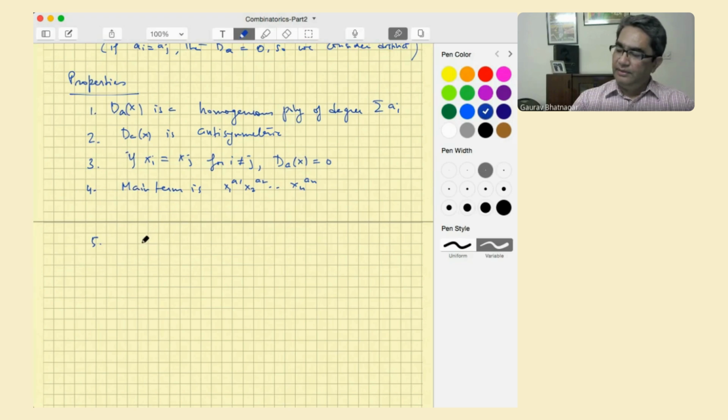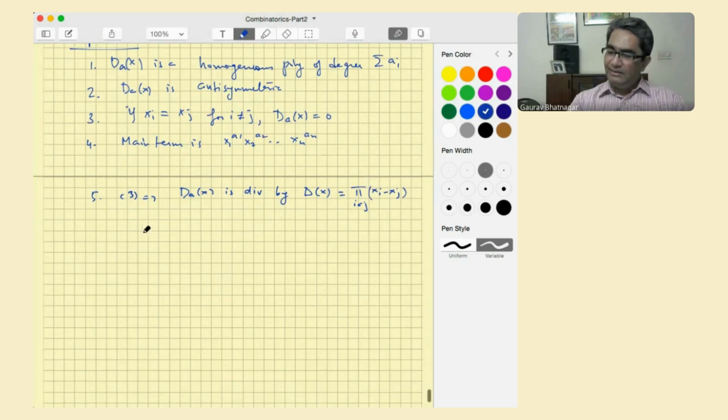And what 3 implies is that dAx is divisible by delta x, which was our Vandermonde determinant, right? So let uax be defined as dAx over delta x.